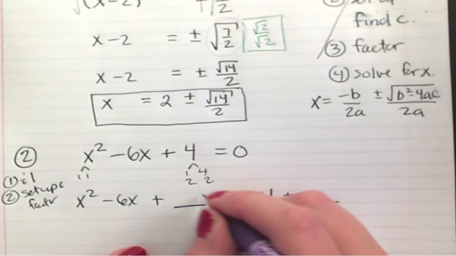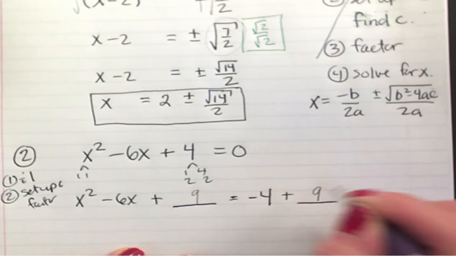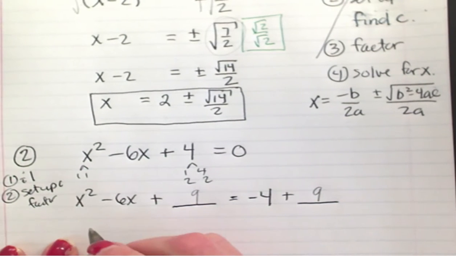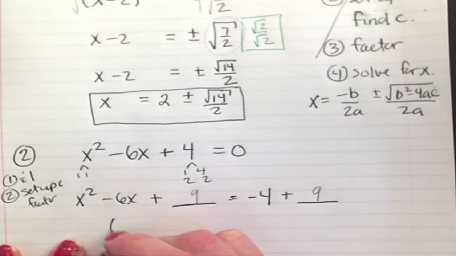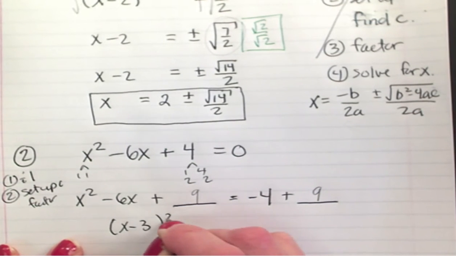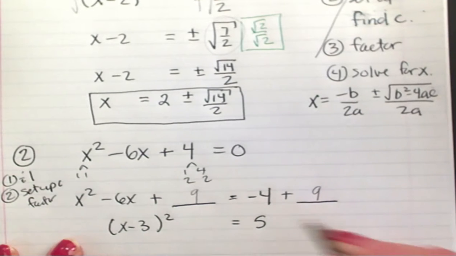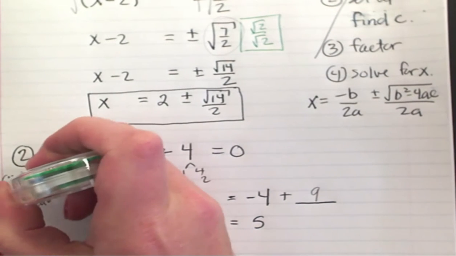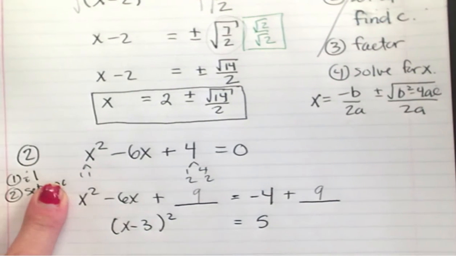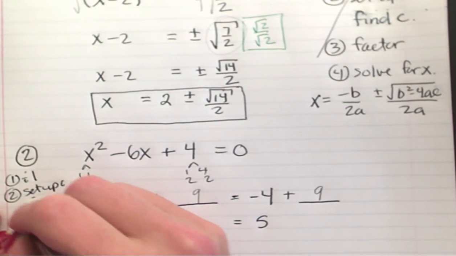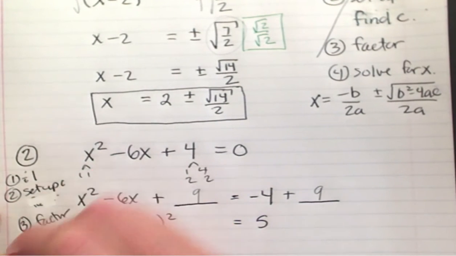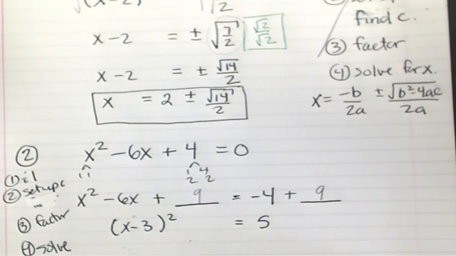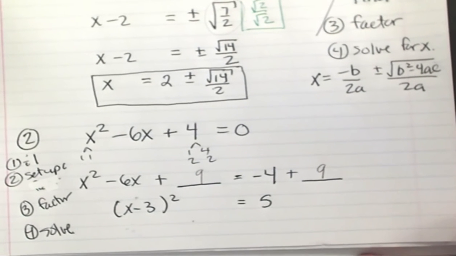Trish? 9. 9 goes in the blank. 3 goes in the factor. Okay. Factor. Solve. All right. X by itself.